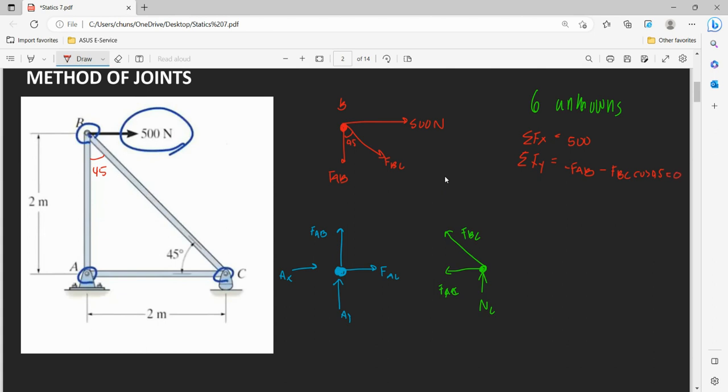Each one is going to have its own x and y equilibrium equation. In the y direction, plus FBC sine 45 equals 0. So you would find FBC is equal to negative 500 divided by sine 45, which is negative 707.106.